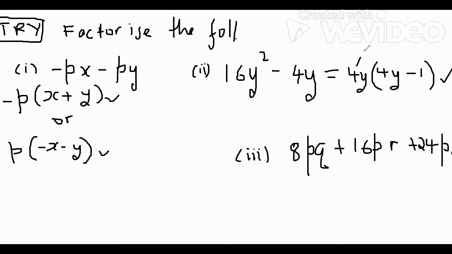Let's check it. What's 4y times 4y? 16y squared. What's 4y times 1? You give back 4y. Kimoon? Sir, if I had 4y and over the top of the y I had a 1, that would still be correct or would it be wrong? It will still be correct. Okay, thank you.